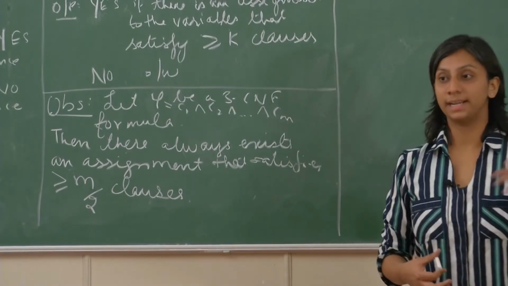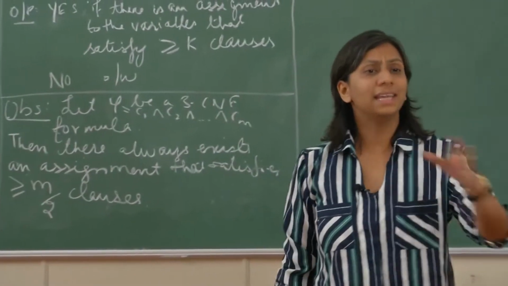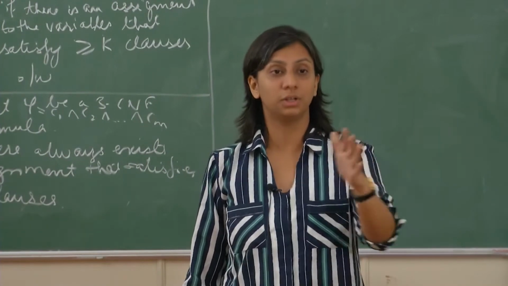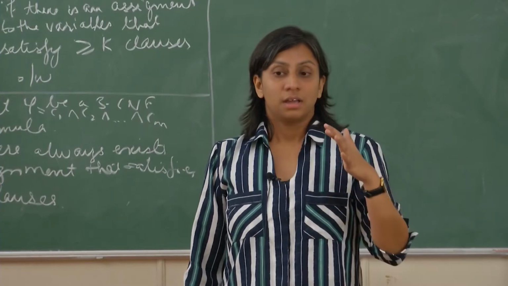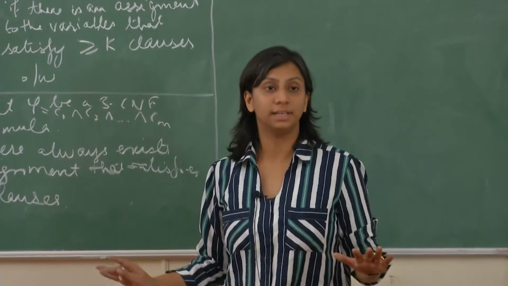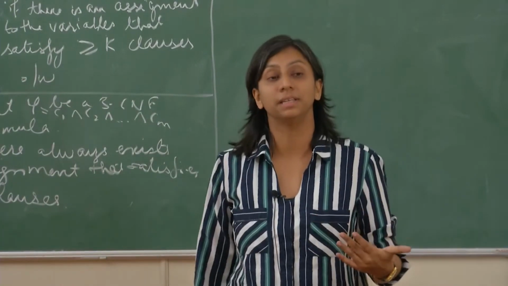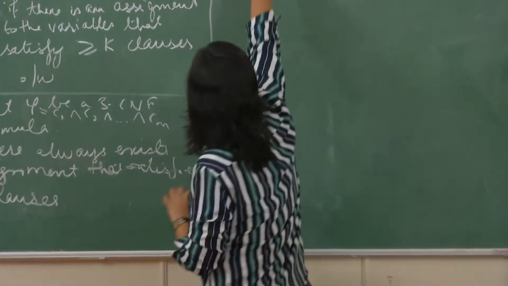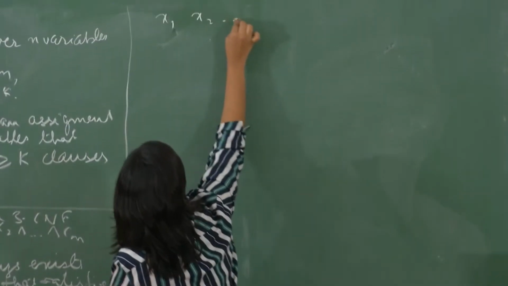Okay, I'll give you a starting hint. So start with any assignment that you like, any arbitrary assignment to the variables, okay? If it satisfies at least half the clauses, then you're happy. Any arbitrary assignment. If it doesn't, then what does it mean? You look at an assignment. So what is an assignment? So suppose the variables are x1, x2 to xn.